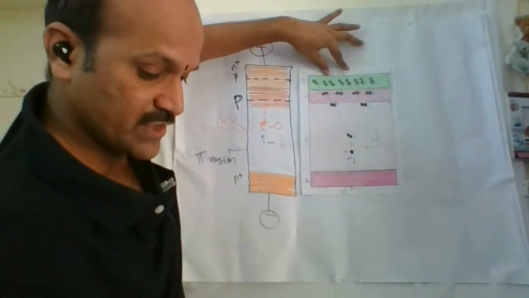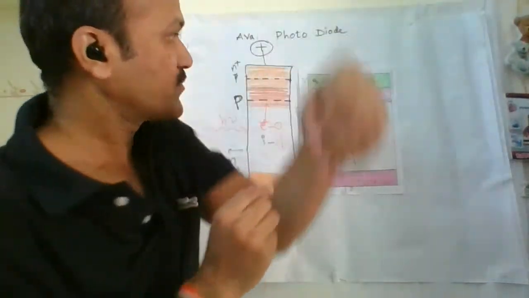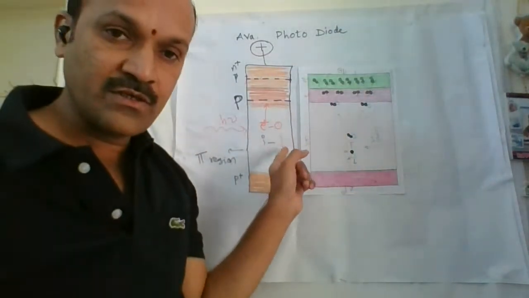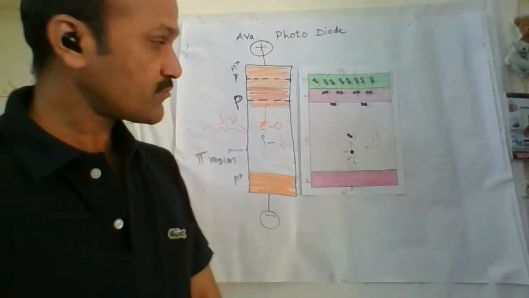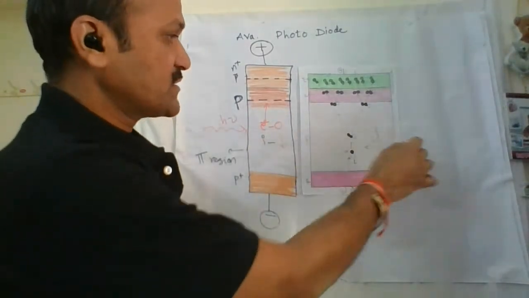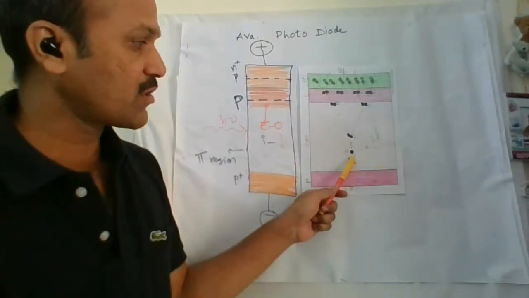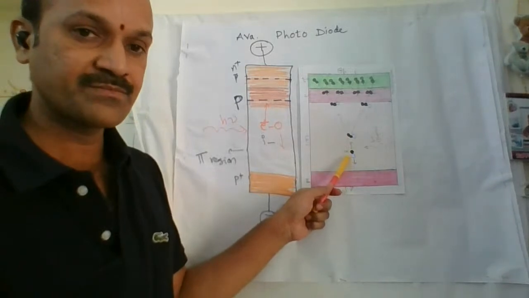Now see, this is the intrinsic region, the same region. When a photon is incident on the intrinsic region, an electron-hole pair is formed.